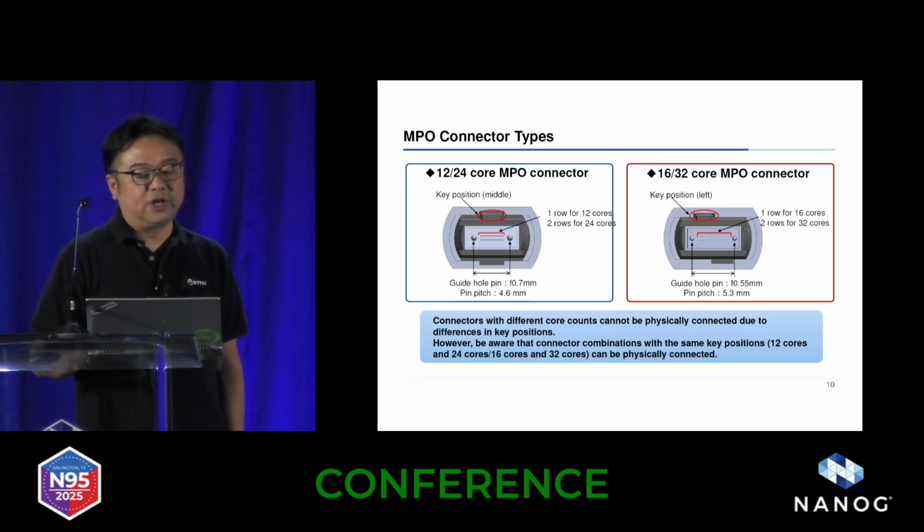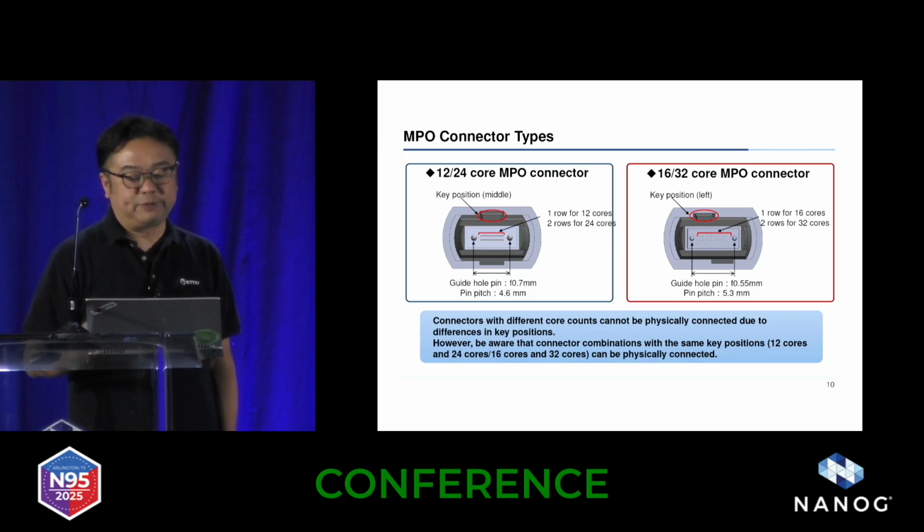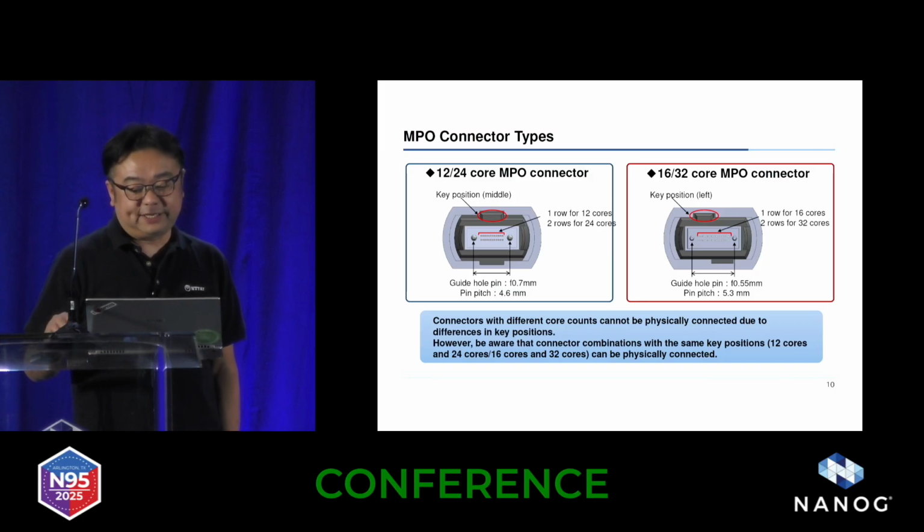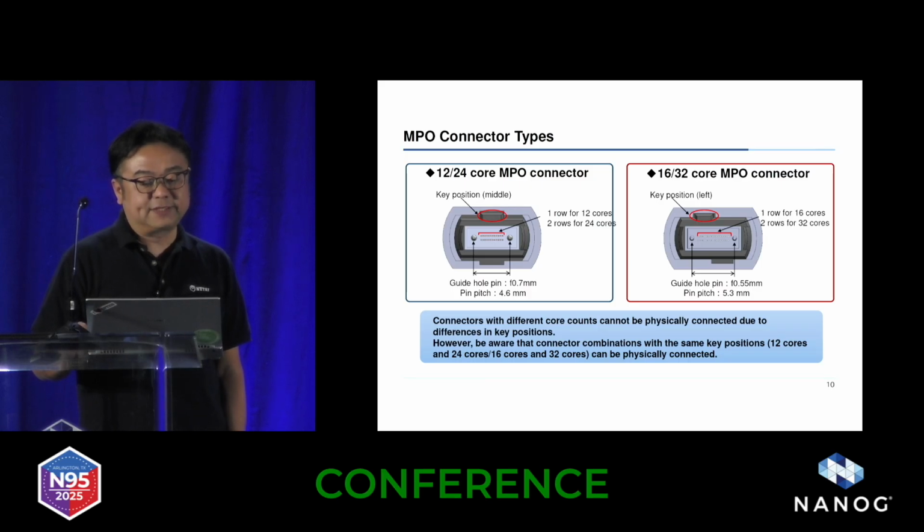For this reason, 12 and 16 core connectors are not physically able to be connected. However, 12 and 24 core connectors have the same structure, with just a difference in the numbers. The same is true for the 16 and 32 core connectors. It is possible to physically connect them, but communication will not be established, so care must be taken.